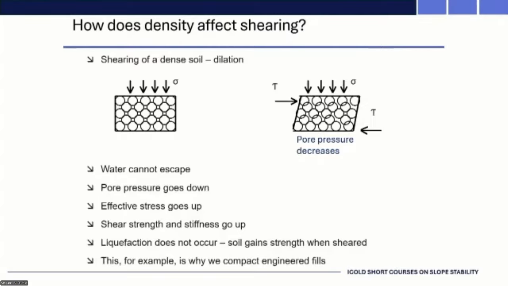So if we have a true undrained test now, so we've closed that valve and we're applying the shear stress. Remember, water cannot move across those boundaries. It's an undrained test. Those loose material is trying to compact, it's trying to decrease in volume.